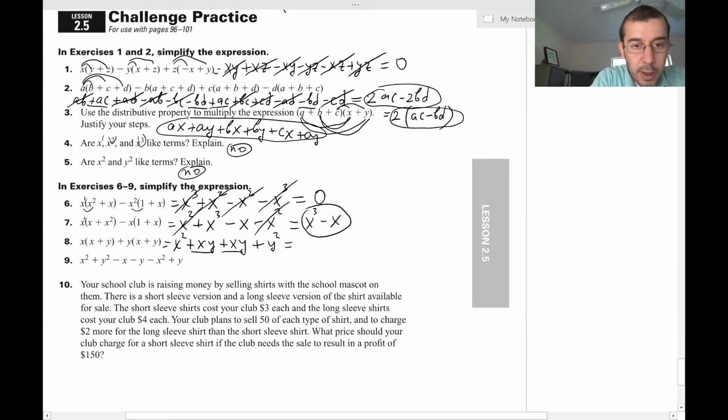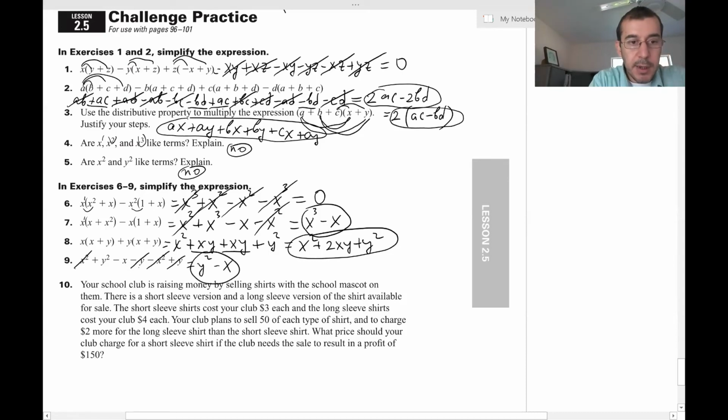So these two are like terms, the others are not, so we're just writing those out, x squared, then xy plus xy, that's 2xy, and plus y squared. Number 9, we can cancel out x squared with minus x squared and minus y with y, and we end up with y squared minus x.